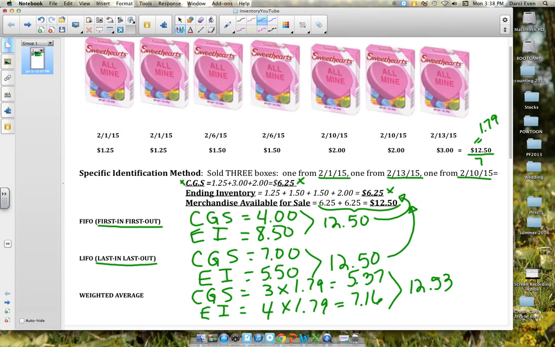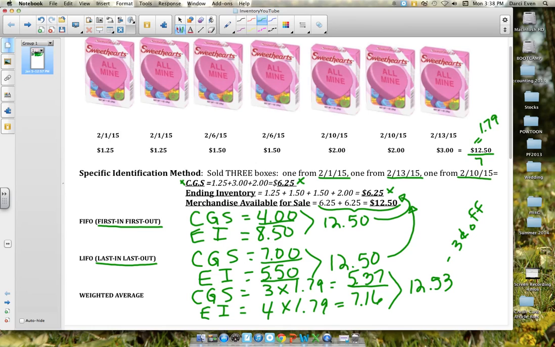Now you'll notice that that's 3 cents off, and the reason for that is because we had to round the $1.79. And so you won't always come out exactly right with the weighted average. Now the weighted average method, the answer that you get for cost of goods sold will always come out between the other two. Between LIFO and FIFO, $5.37 is between $4 and $7. I underlined the wrong one here, cost of goods sold.